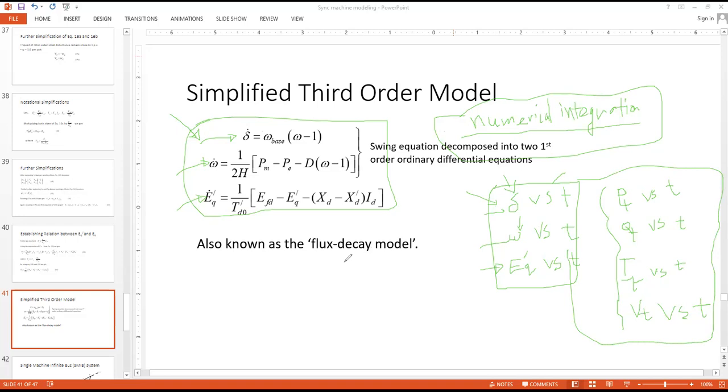But before that, we have to start from a certain operating condition or operating point. We have to start the numerical integration from a certain operating point. For any dynamic system, say this is a trajectory of any variable x with respect to time, and there could be x1, x2, and so on.